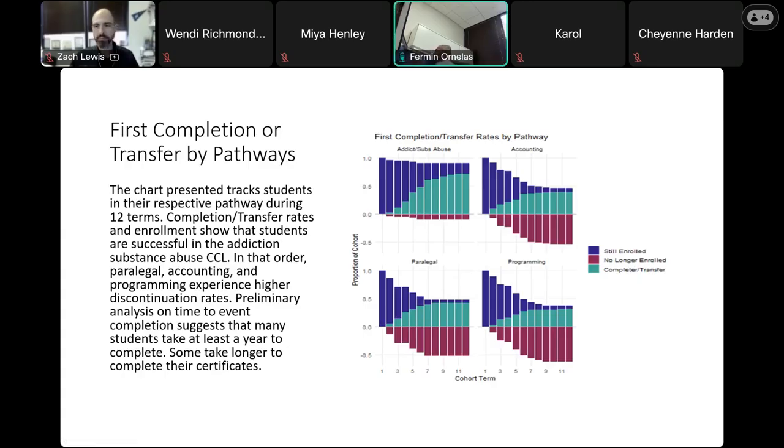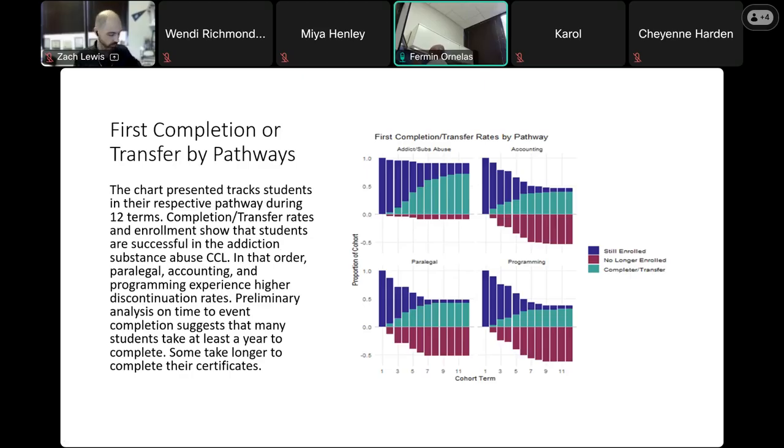Now, in this slide, we are showing how students are progressing in each of the certificate programs. One thing that stands out is that the substance addiction certificate is the most successful program of all the three.